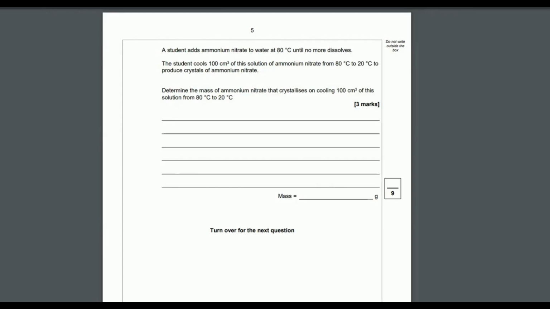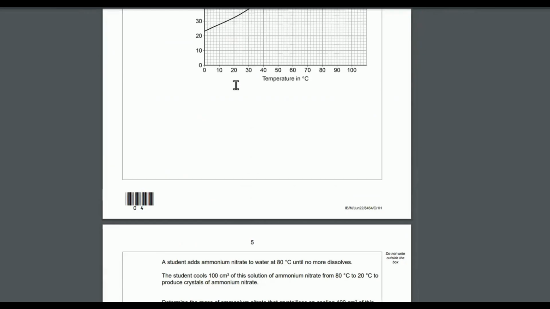So the keys here are 80 degrees and 20 degrees. What is the mass formed when we cool from 80 to 20? They keep mentioning 100, but the graph is for 100, so we don't need to worry too much about that. Let's go up and check it out.